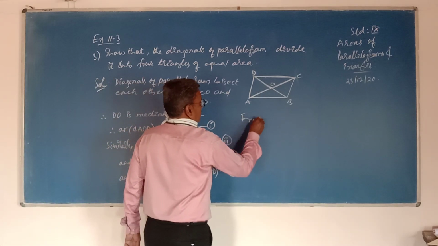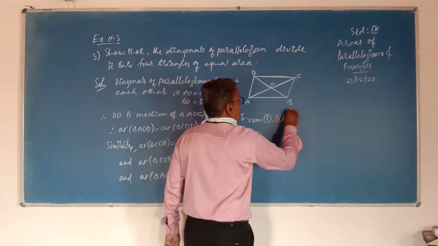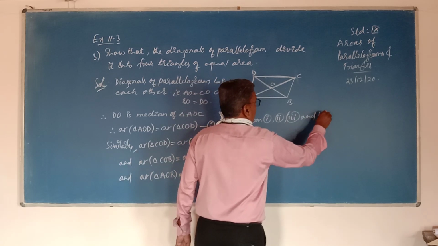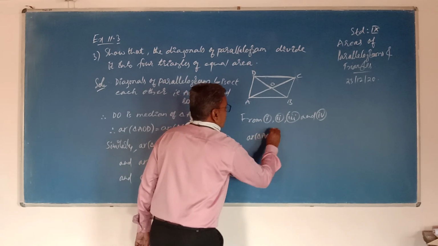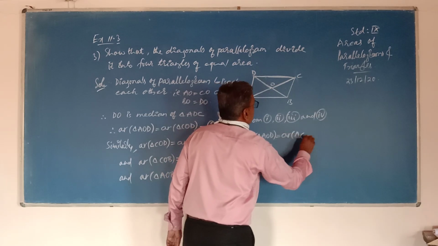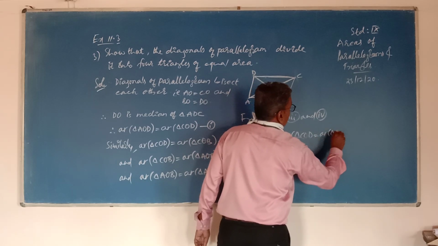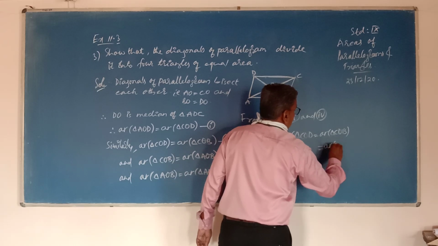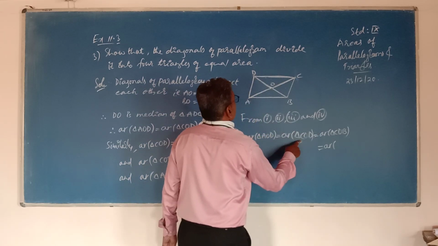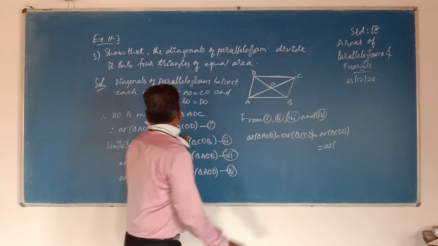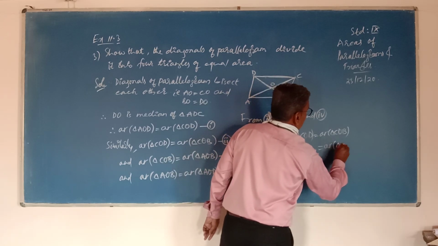Yes, from 1, 2, 3 and 4, all equations together tell that area of triangle AOD is equal to area of triangle COD, is equal to area of triangle COB, is equal to area of triangle AOB.